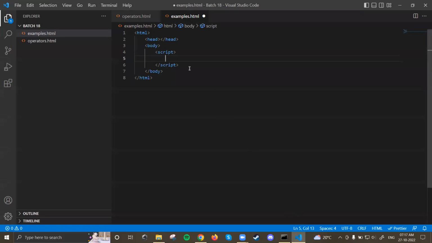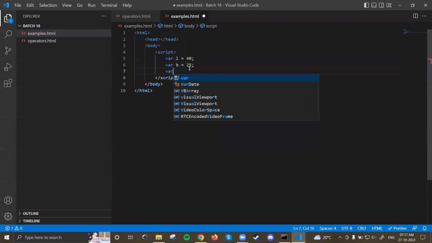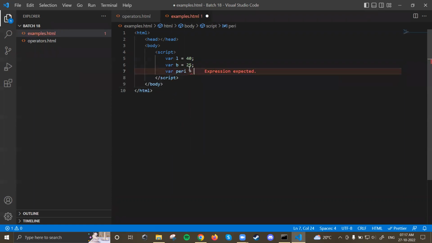Let's say length L is equal to 40 and breadth is equal to 25. Then what will be the perimeter? So peri is equal to what expression do we have to use? Peri is equal to 2 into L plus B, isn't it?